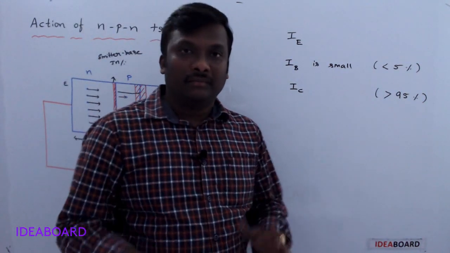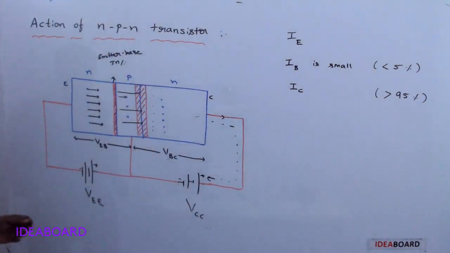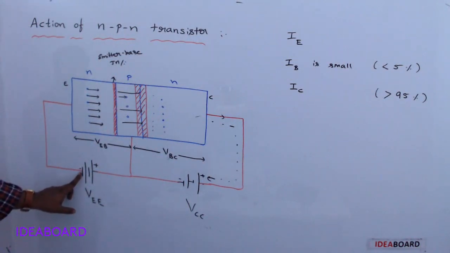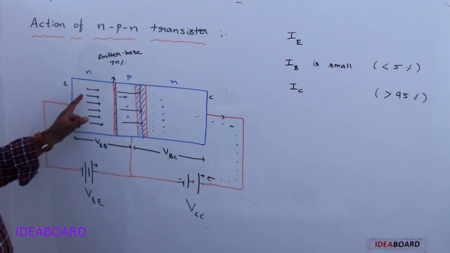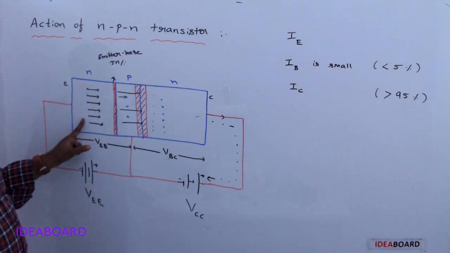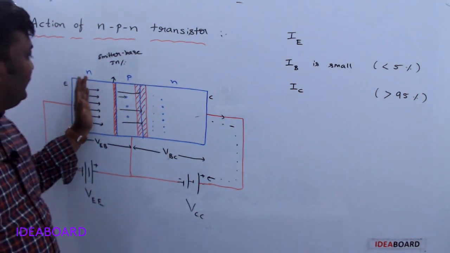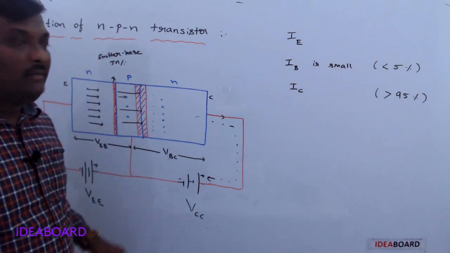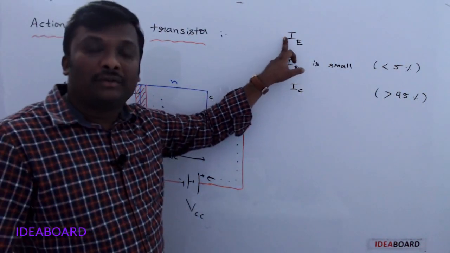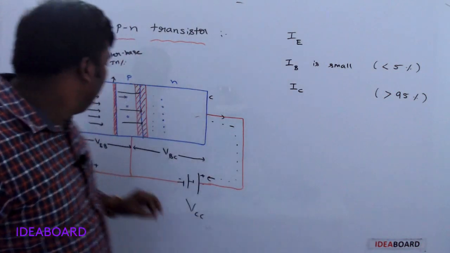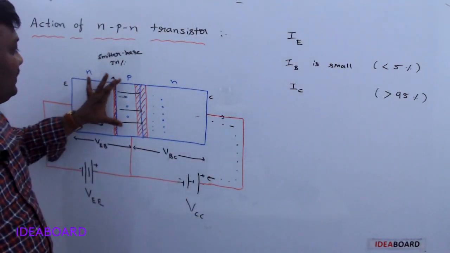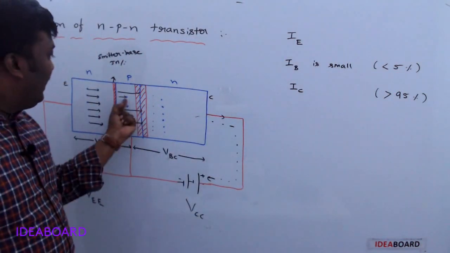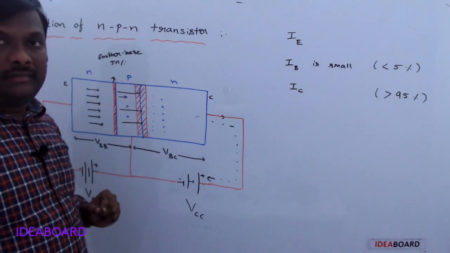Understand? One more time. The negative polarity of the VEE repels the electrons in the emitter region. They move towards the junction. Flow of electrons gives the emitter current. So these electrons reach the base region and combine with the holes.